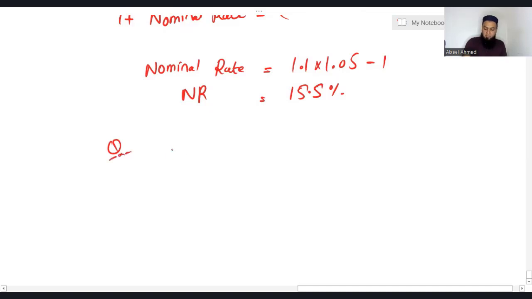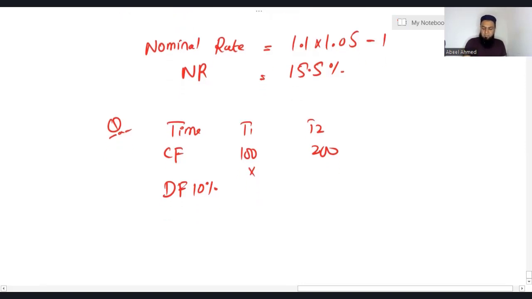Assuming, let's take an example, T1, T2. Let's say we have cash flows 100 and 200. Assuming the discount factor is 10%, in the first year it is 0.909 and in the second year it is 0.826.